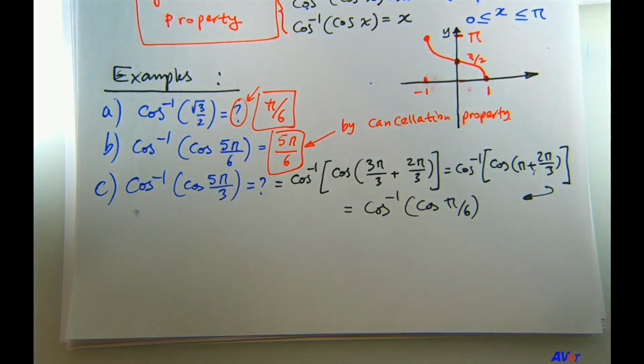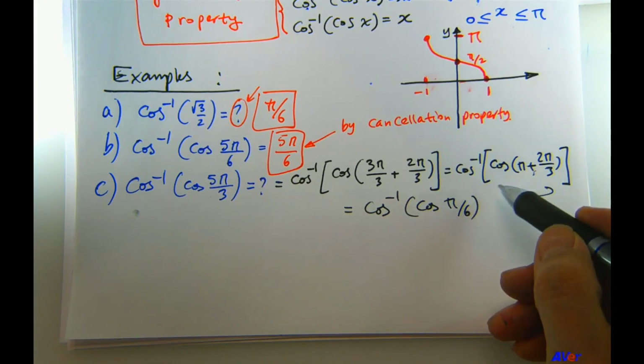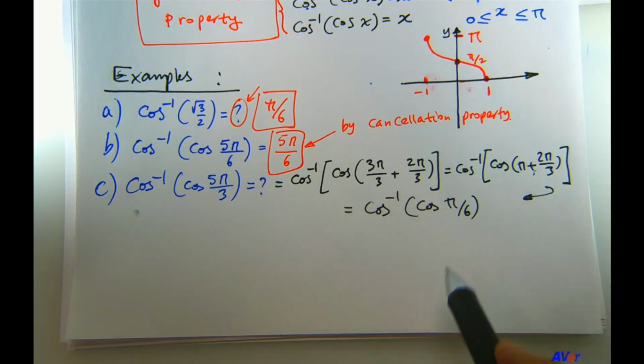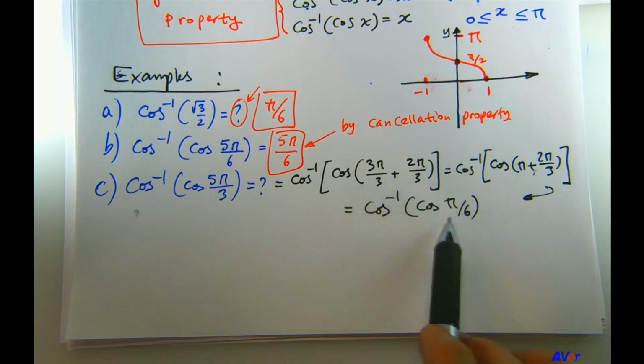So 2 pi over 3 would be 360 divided by 3, so that would be 120 degrees, right? I didn't mean to actually write that. So I need to correct this, guys.